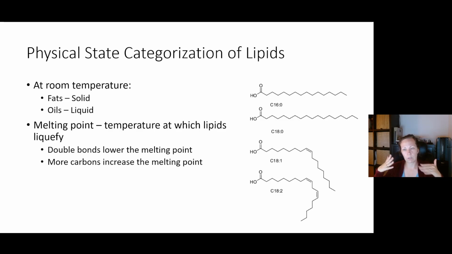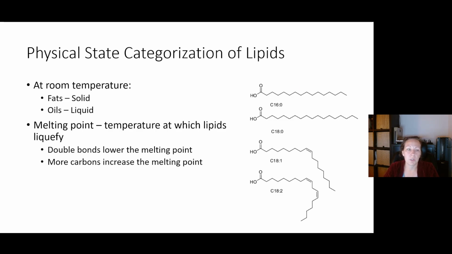How easy is it for the molecule to tumble over each other? Okay, so the ones with double bonds, that's kind of easy to picture, right? They have a little bit of a rounded shape. They're not going to stack neatly. They will tumble. For the length of the fatty acid, just think about, a smaller one will be able to tumble over the other ones more easily than a longer fatty acid that is stacked together. Okay.